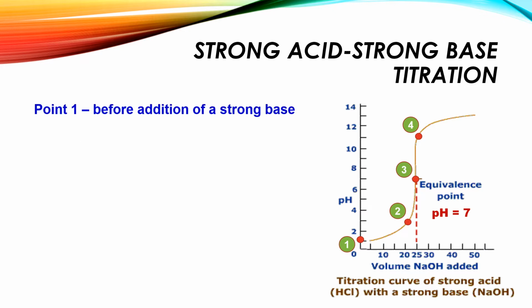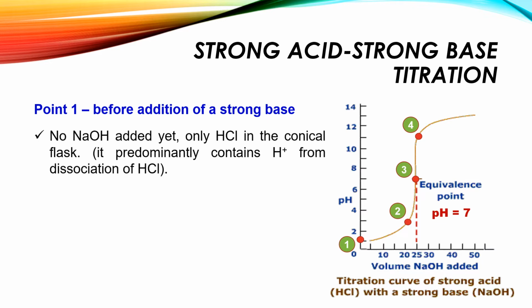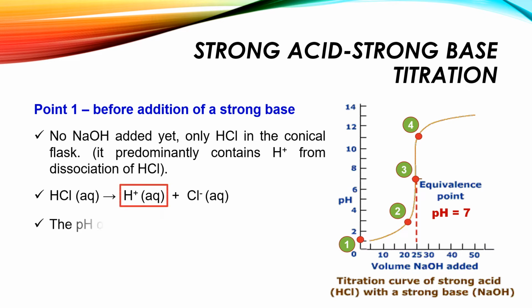First, let's discuss point 1. At this point, no sodium hydroxide is added yet. Therefore, only hydrochloric acid is in the conical flask, which means it predominantly contains H+ ions from the dissociation of the hydrochloric acid. Thus, the pH of this analyte is low, about 1.0.